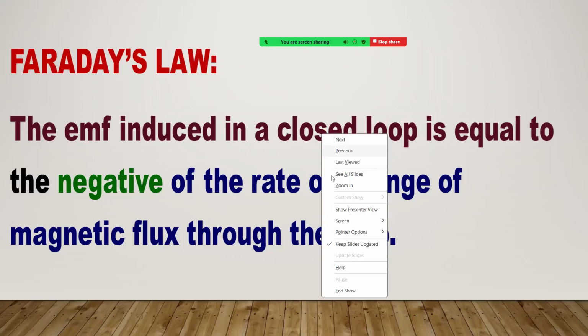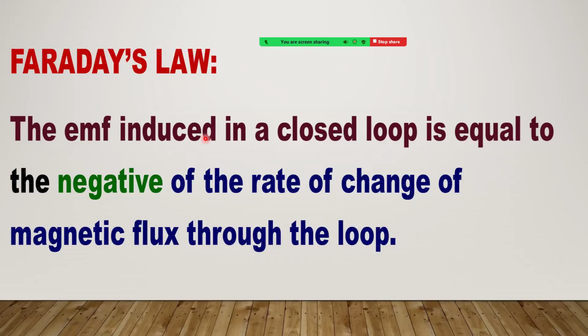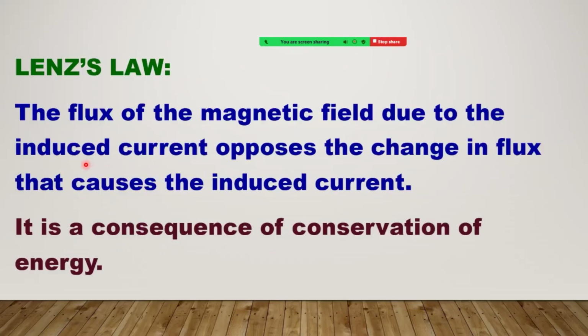Coming to Faraday's law, the statement: the EMF induced in a closed loop is equal to the negative of the rate of change of magnetic flux through the loop. Okay, that is the statement, and this negative sign is for the direction part. Let us see now Lenz's law. The flux of the magnetic field due to induced current opposes the change in the flux that caused the induced current.